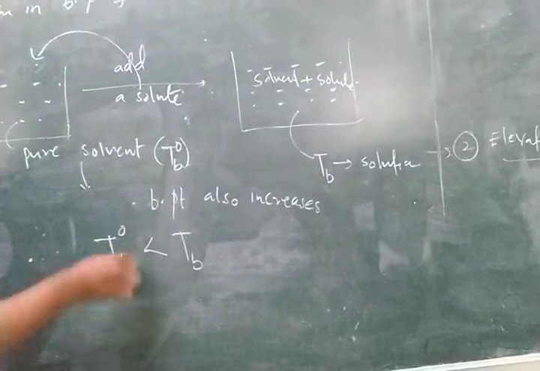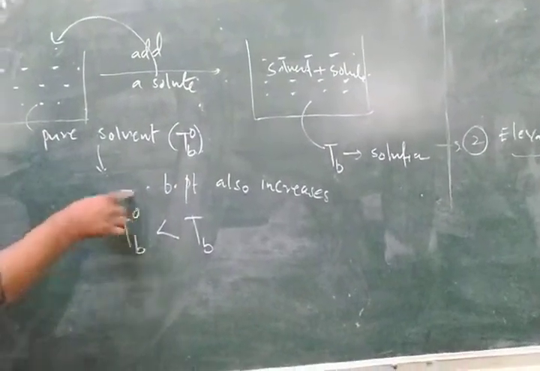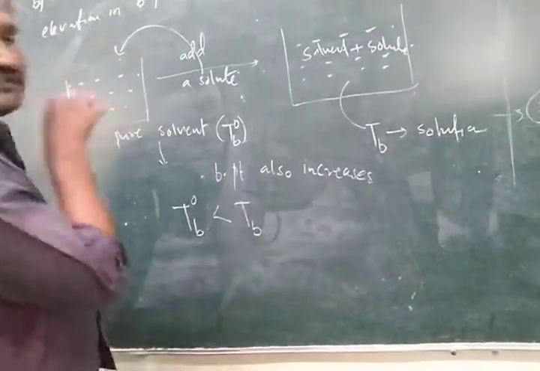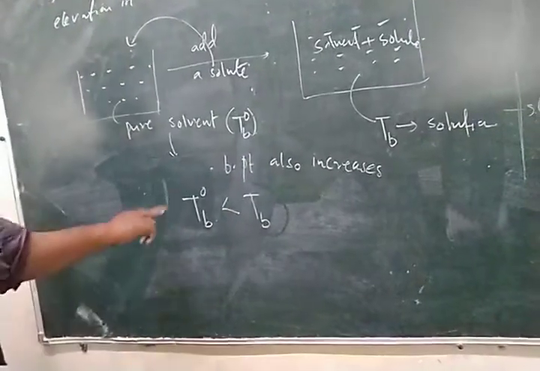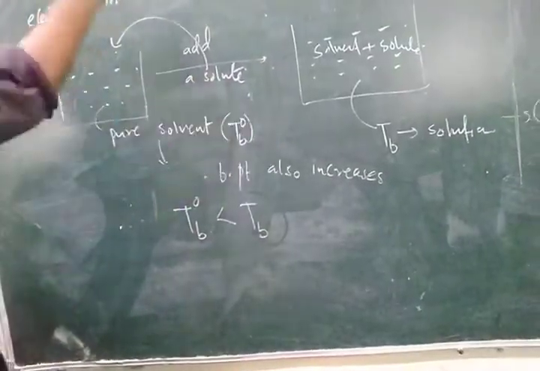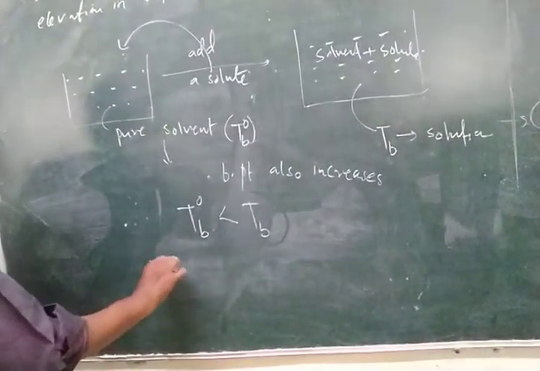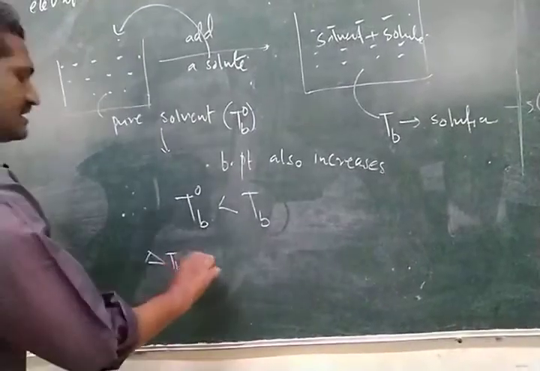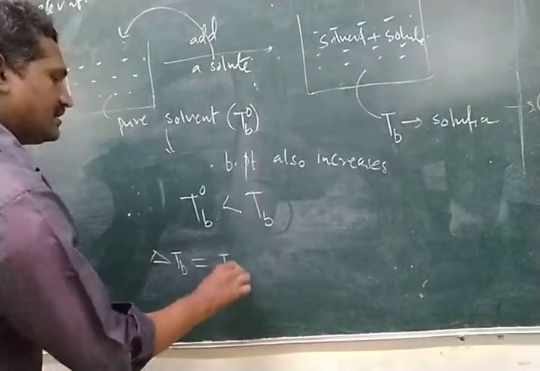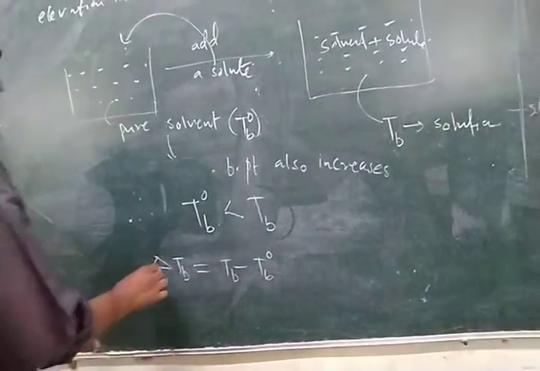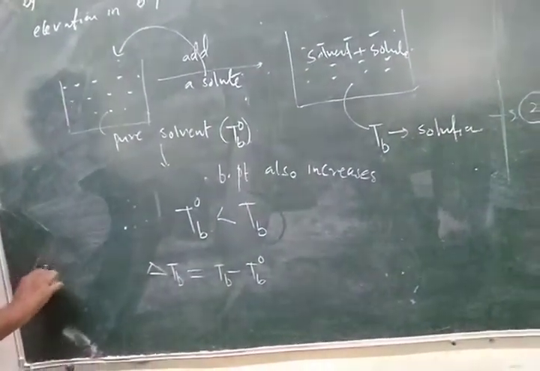The boiling point of the pure solvent is less than the boiling point of the solution. This increase in the boiling point is called elevation in boiling point. The difference between these two is delta TB, which is equal to TB minus TB0.